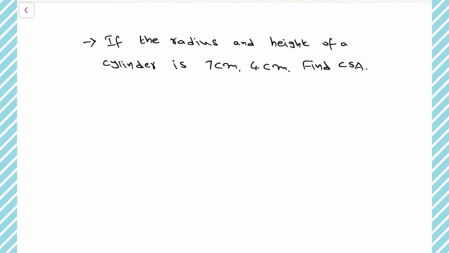Next, if the radius and height of a cylinder are given as 7 centimeters and 4 centimeters, then find the CSA. First of all, what is the formula for the CSA of a cylinder? Curved surface area of a cylinder equals 2 pi r h. In any question, if the pi value is not mentioned, you always need to take it as 22/7.